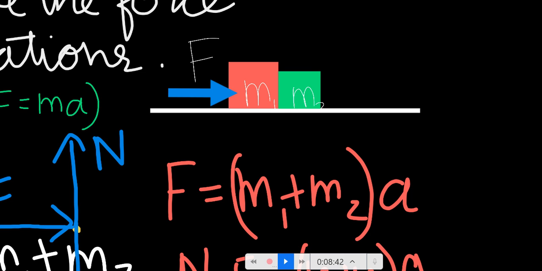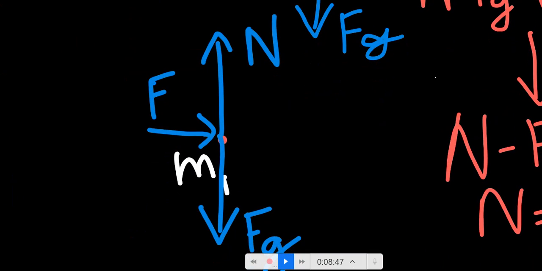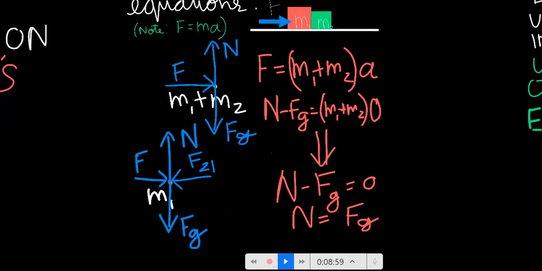So because m1 is going to push on m2, m2 is going to push back on m1. So we need to draw that also. So this is F21, force exerted by mass m2 on m1. So that is the diagram for mass m1 alone. We can draw a similar diagram for mass m2 alone, but I'll leave it to you.